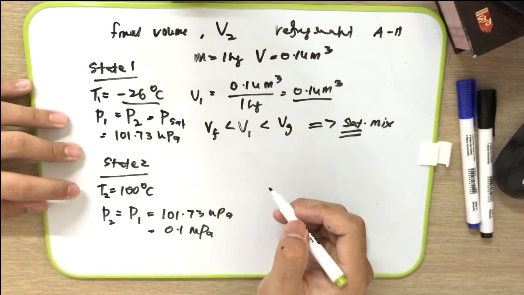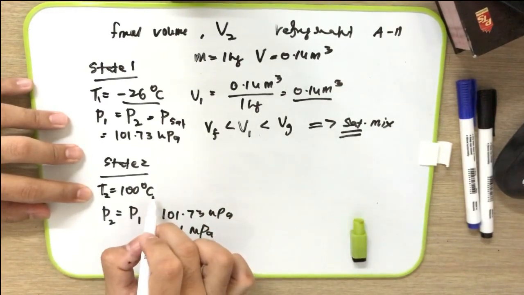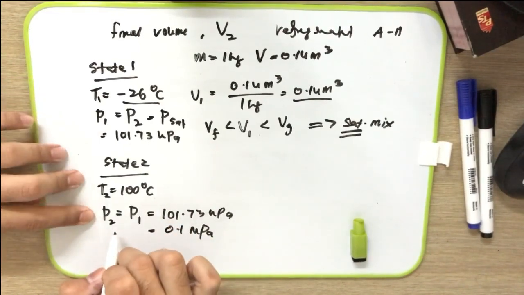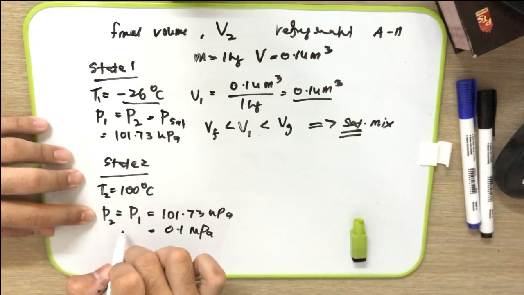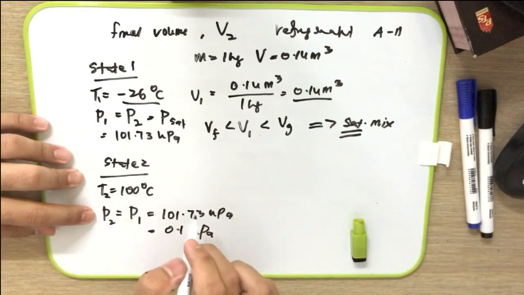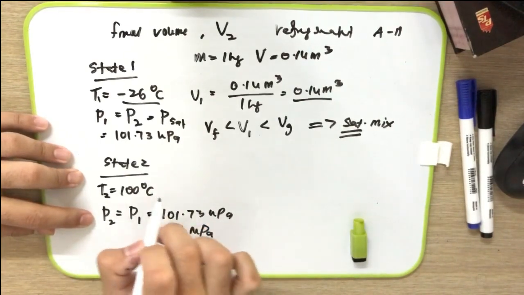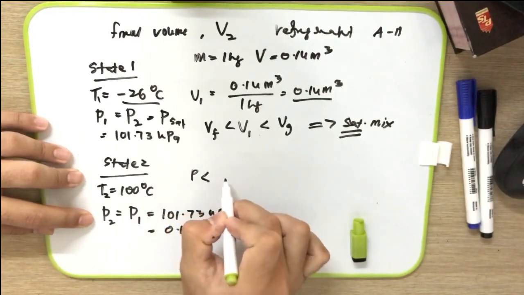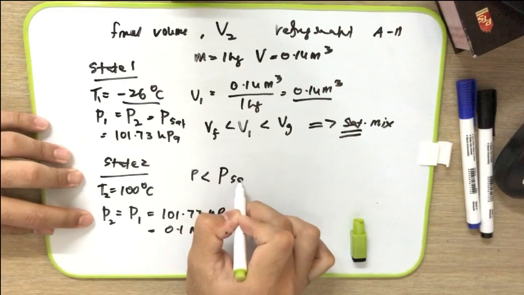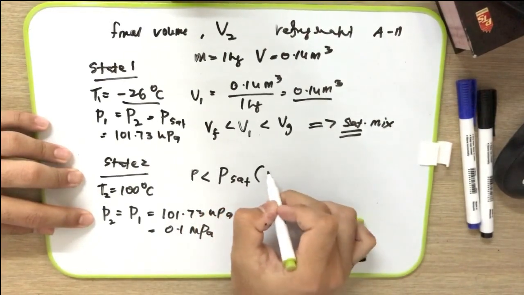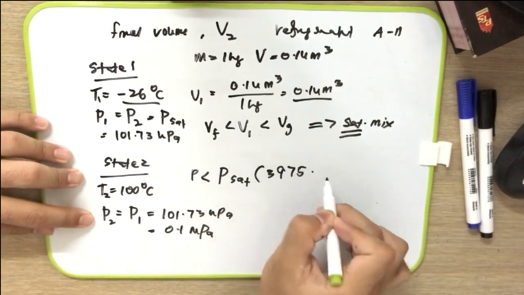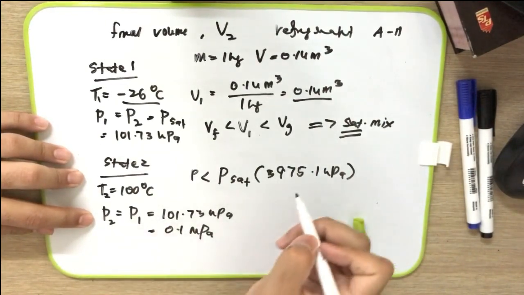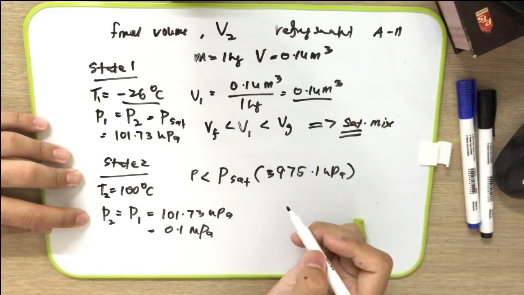We look at temperature 100 degrees C at table A11 and check whether this P is over or less than the P saturated. We find P is lower than P saturated, because the P saturated is 3975.1 kilopascal.